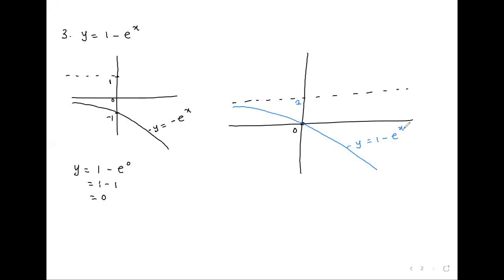So the key thing is knowing the shape of each family. So forget about this number first for you to know the shape. You forget about 1 first. What is the shape of y is equal to -e to the power x? After you identify that this is the shape, you come back now and add 1 to every important point.